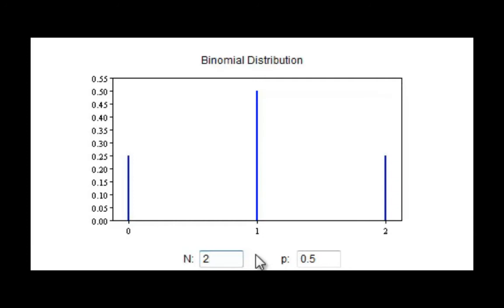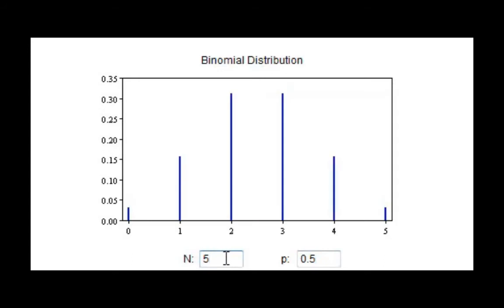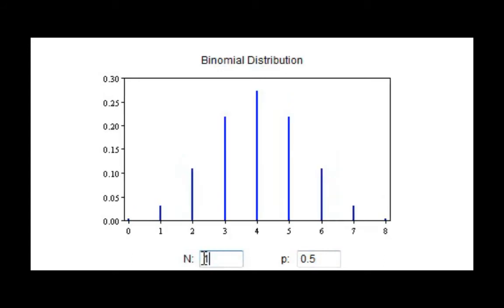So here we've got an image that is pretty close to the distribution we drew in the previous slide, where we have 2 trials or 2 flips of a coin, and pi, the probability of success, is 0.5. Now notice that in this web simulation, instead of pi, they use p, but again, we use pi. And we can use this simulation to look at what happens with 5 flips of a coin, 8, 10.